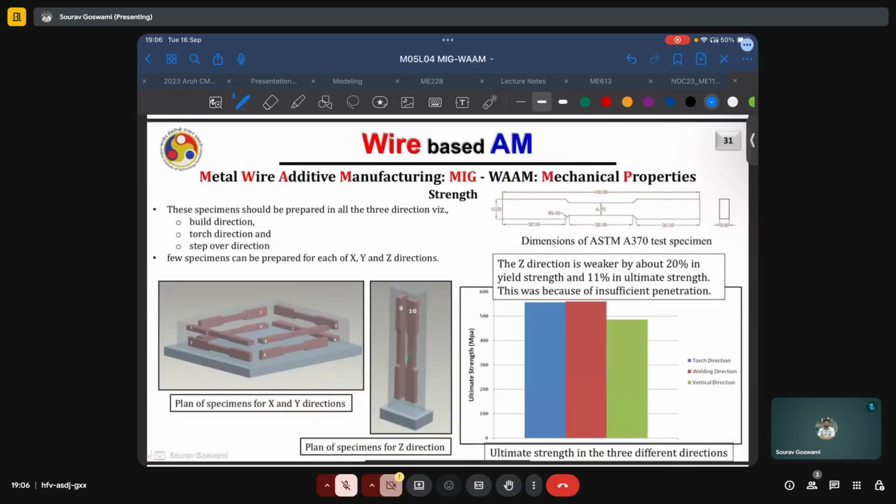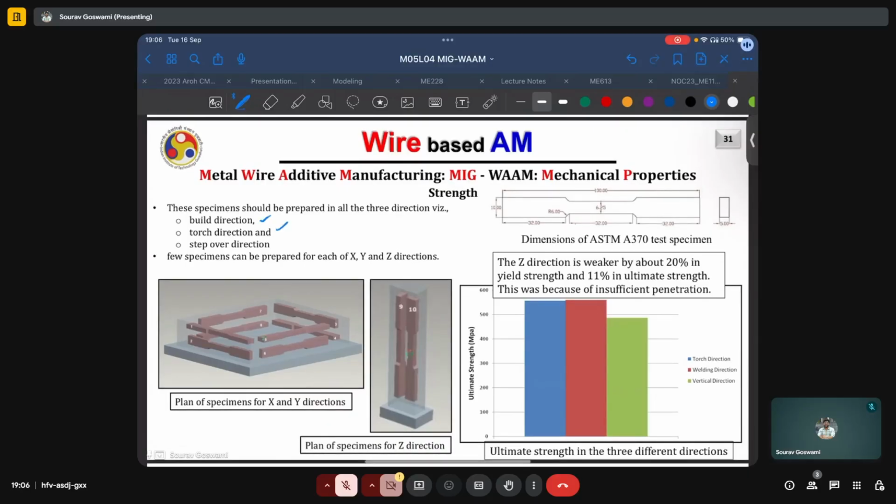Anisotropy is also seen in other mechanical properties, such as tensile strength, and typically you will assess the tensile property along the build direction, along the torch direction, along the step over direction to check for isotropy.